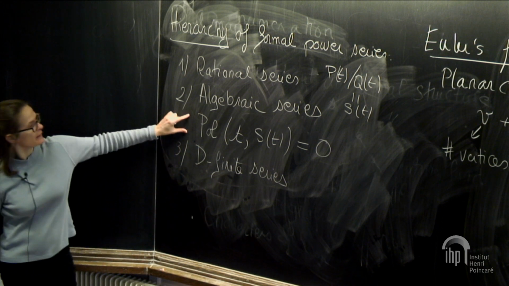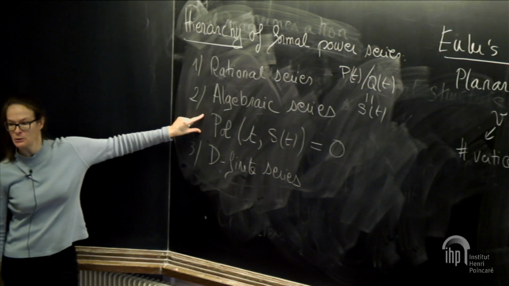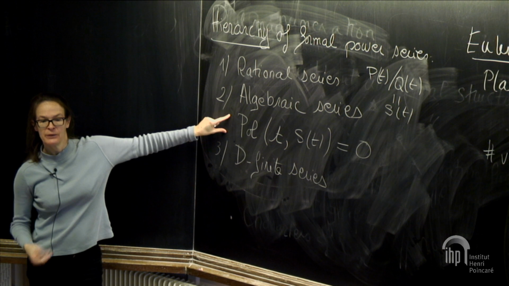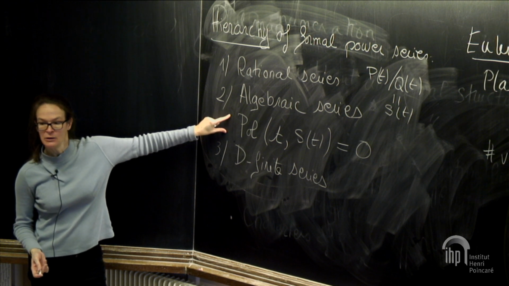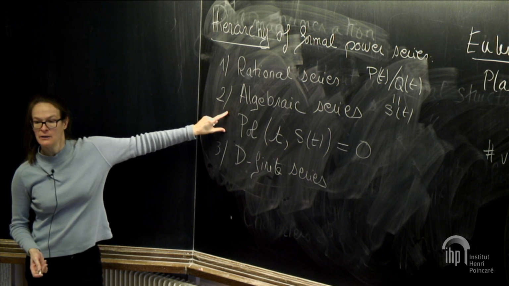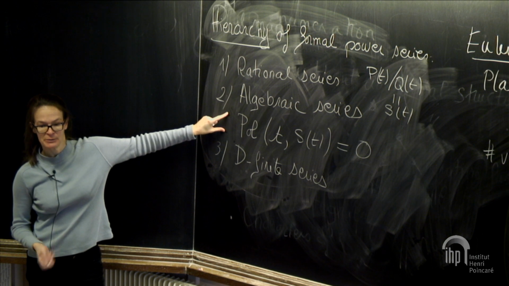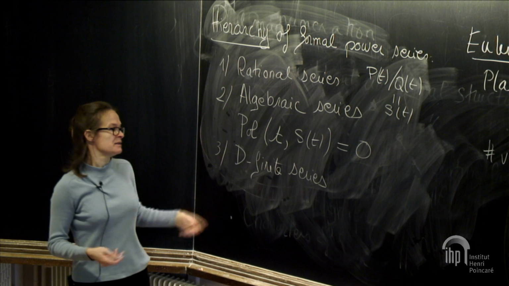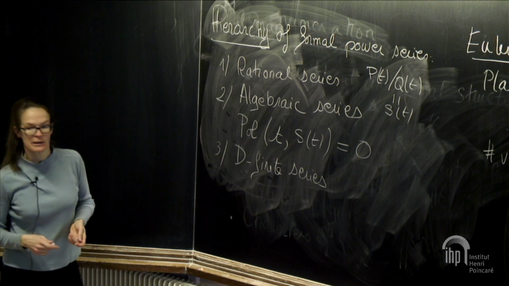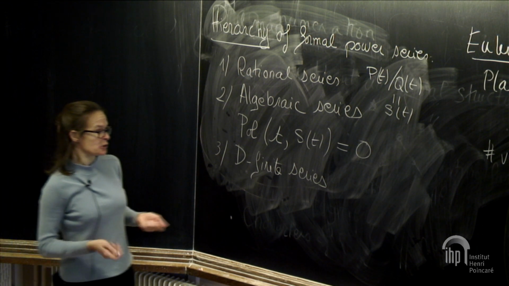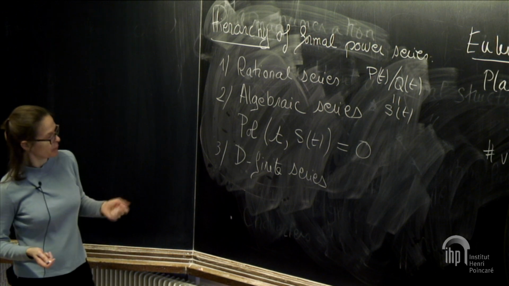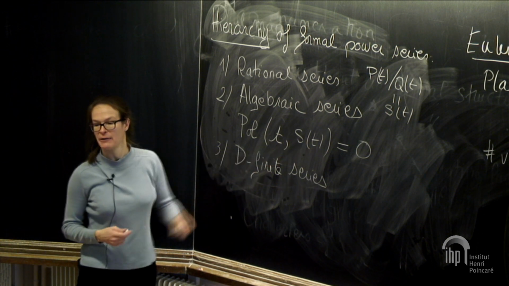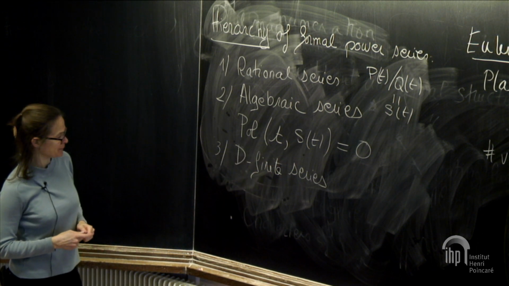So I should say that in the first part of the talk, when we'll count maps without any additional structure, we'll be systematically in this world of algebraic power series. So that's decently simple power series, for which we have many tools, say for instance to get the asymptotic behavior of the coefficients and so on.